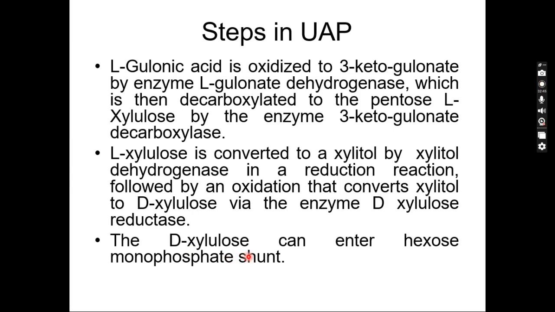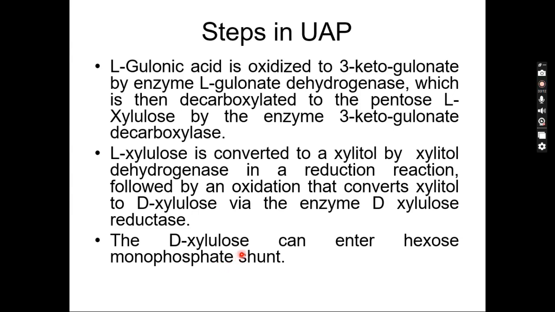So the D-xylulose that we have now is the molecule that can enter the hexose monophosphate shunt and go down the hexose monophosphate shunt pathway, okay. That's where this one will go, okay. It's going to join the hexose monophosphate shunt.